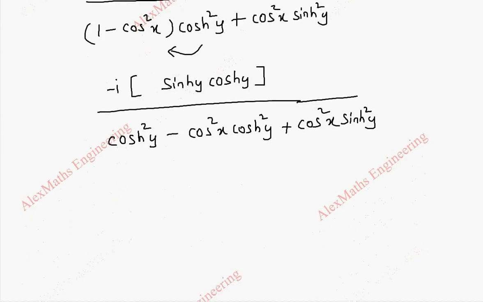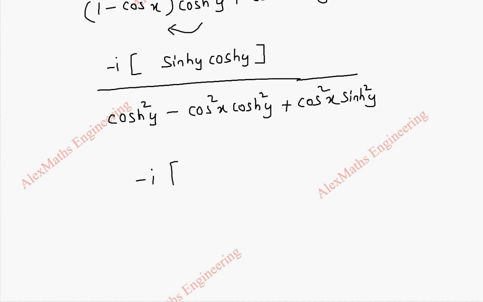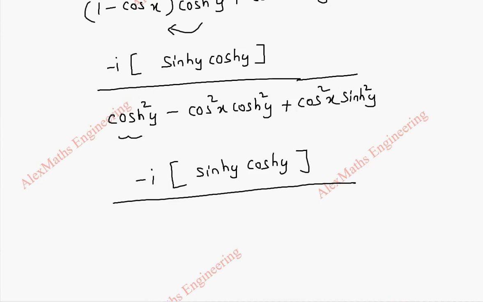Now this is minus i into sinh y cosh y whole division. Cosh y formula is e power y plus e power minus y by 2, and since there is a whole square we have to put whole square like this.